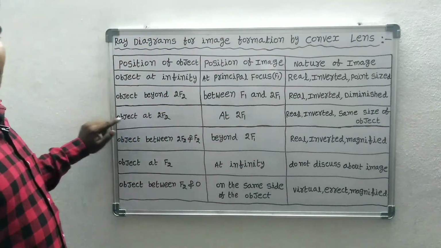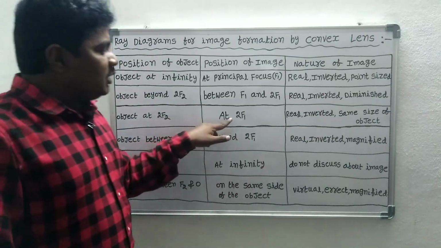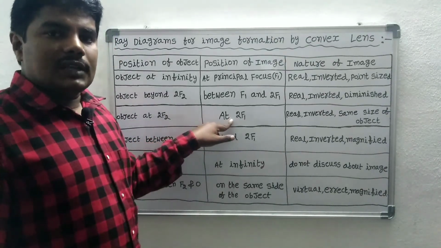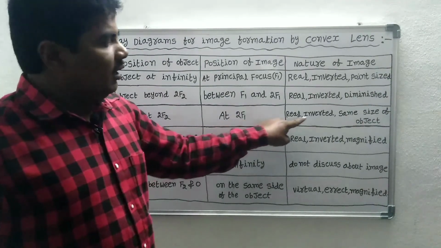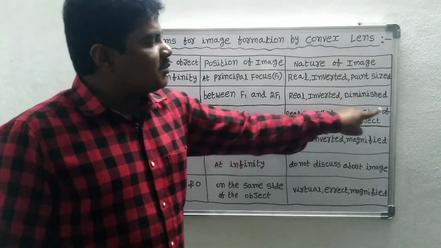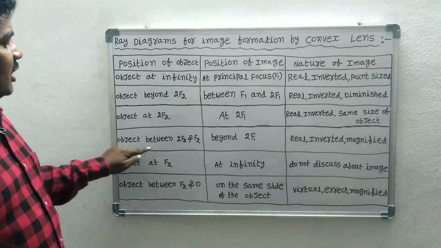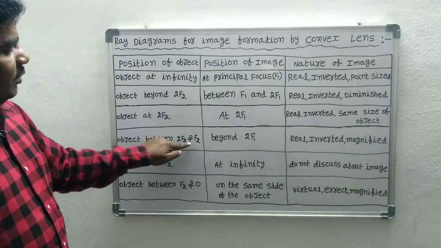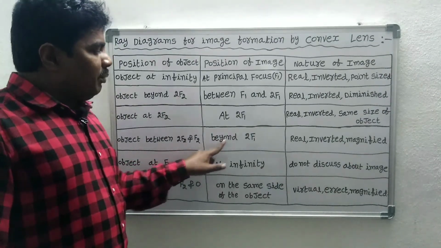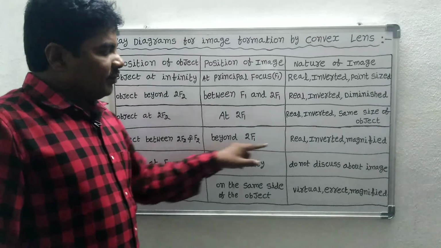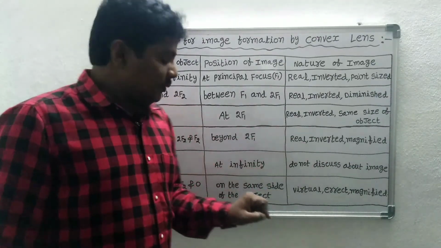Third one, object at center of curvature, 2F2. We get the image at the center of curvature, that is 2F1. That image is real, inverted and same size as the object. Fourth one, object between 2F2 and F2. Here we get the image beyond 2F1. That image is real, inverted and magnified.